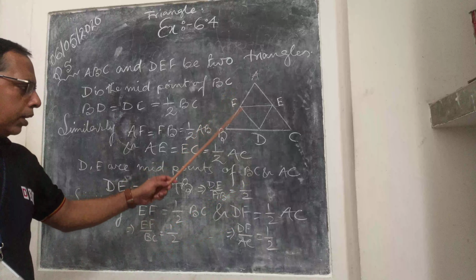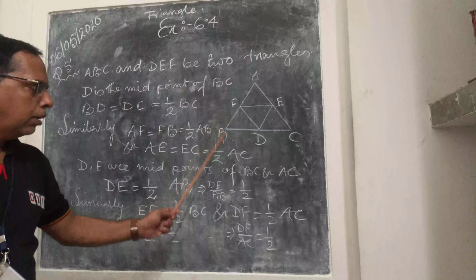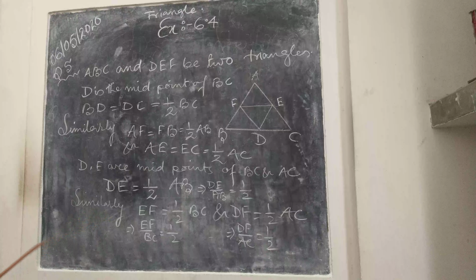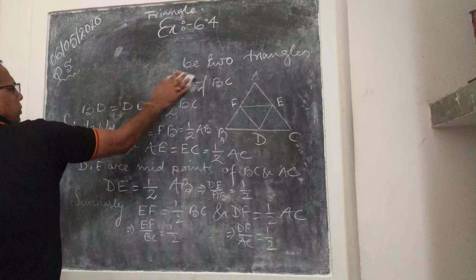That means triangle DEF is similar to triangle ABC.